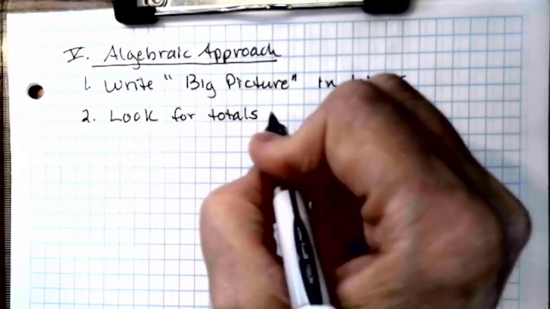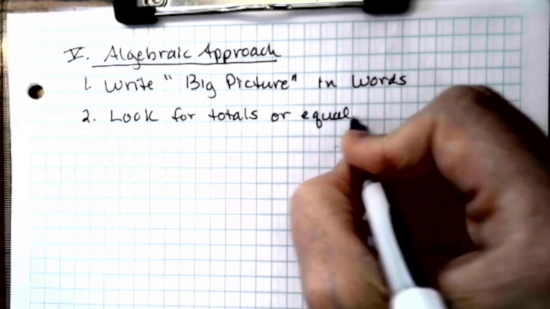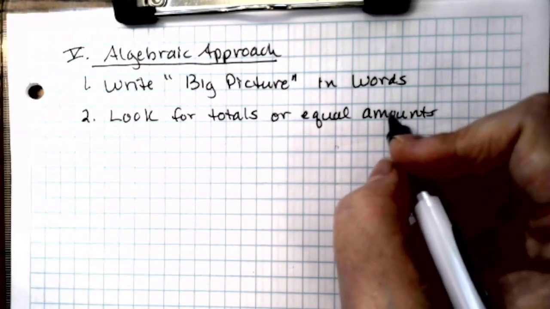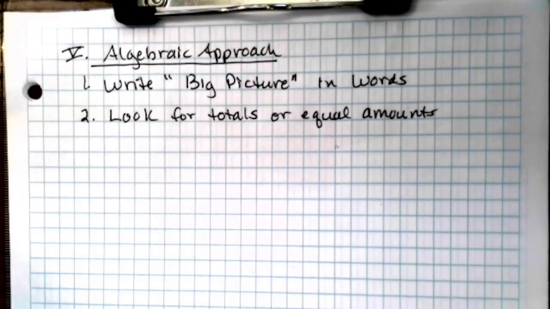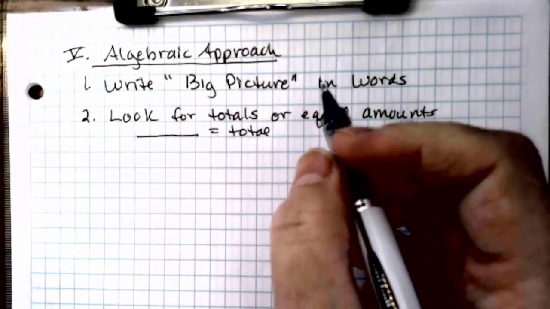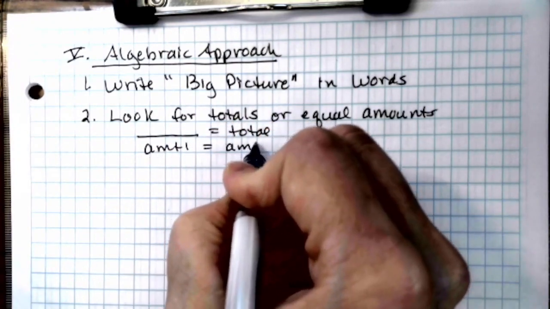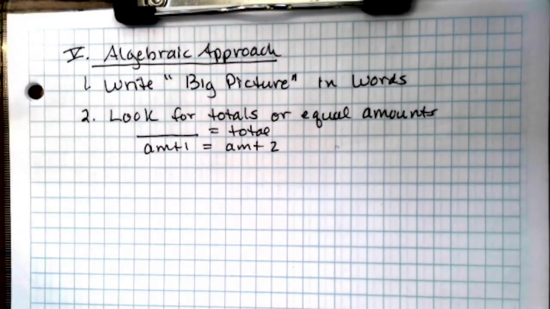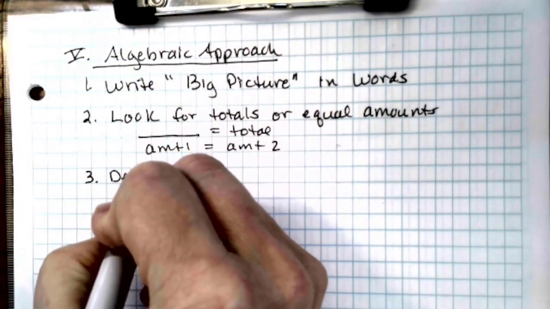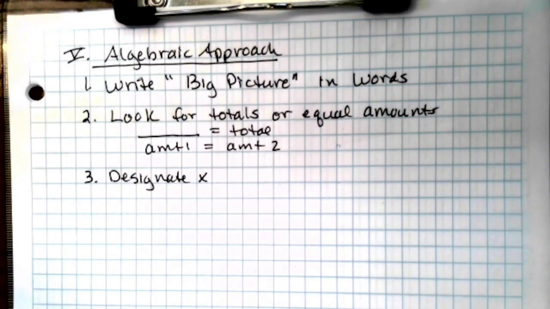And, or, if you don't have totals, you also can look for what we call equal amounts, things that are equal to each other. And that usually will give you 1/2 of your equation. So you'll have something or other equals a total number, or you'll have amount 1 equals amount 2. So you want to look for those kind of relationships. The third thing you do is designate your x value, and then you build.